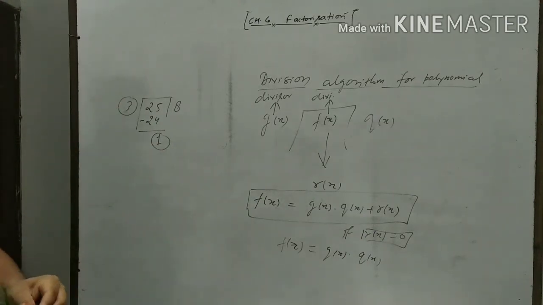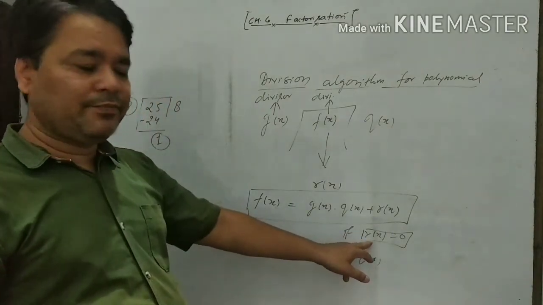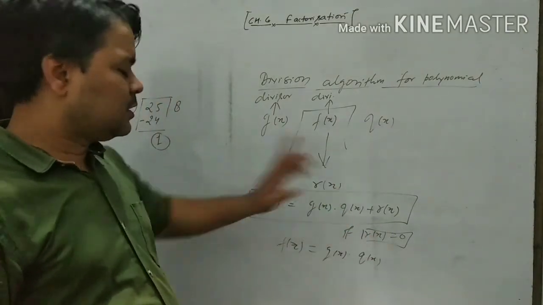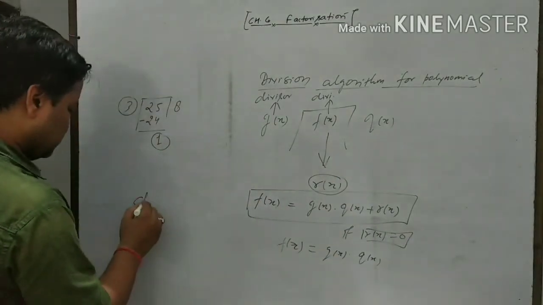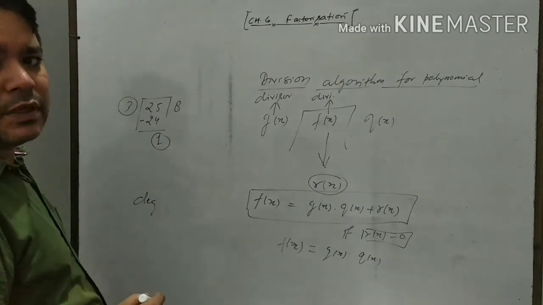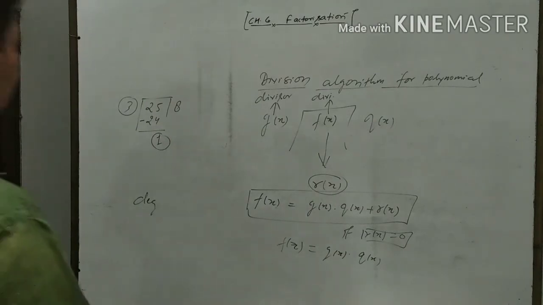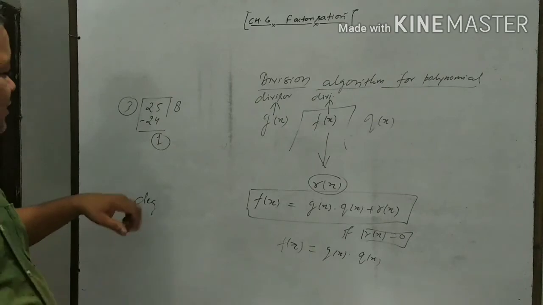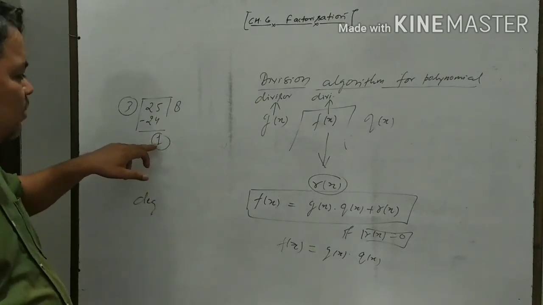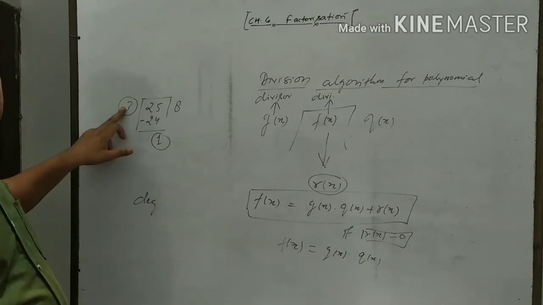Similarly, in each and every case, the degree of the remainder is less than the degree of the divisor. Here we just saw that the value of the remainder is less than the value of the divisor.